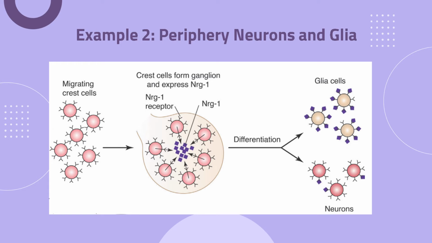Therefore, early arrival crest cells are exposed to a low level of neuregulin and differentiate into neurons, and later arrival crest cells are exposed to a higher level of neuregulin and differentiate to glia. This would suggest that the default state of peripheral neural crest cells is neural, and that glial fates are induced.